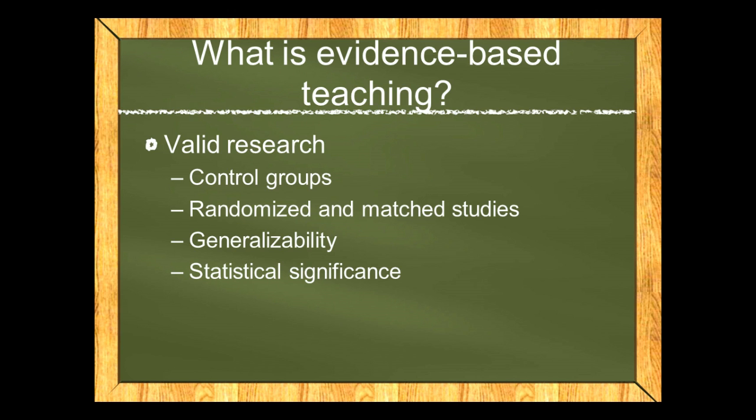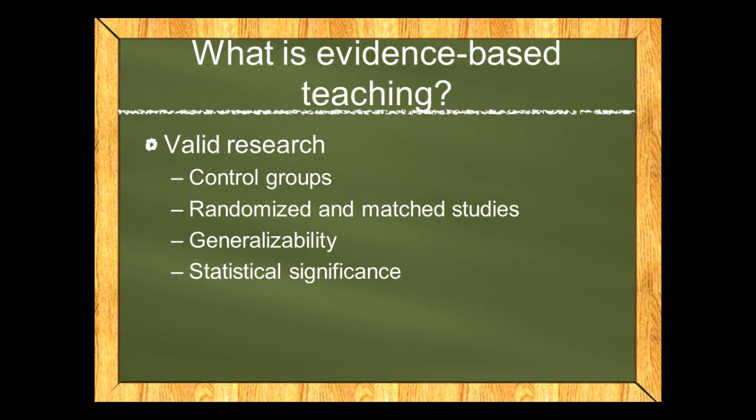So one of the things that they tend to look at is this idea of sample size, where there are enough schools or enough students in this study to make the claim that this is indeed generalizable. And so we call that ecological generalizability. So again, you'll learn more about that next semester.